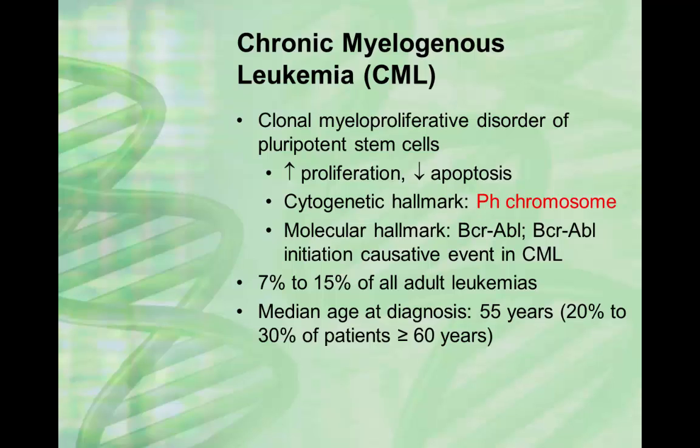The pathophysiology of CML: most cases of CML appear to be induced by a translocation known as the Philadelphia chromosome. This is very important, because it is actually a marker of CML. When this is present, 95% of the patients would for sure have the diagnosis of CML.